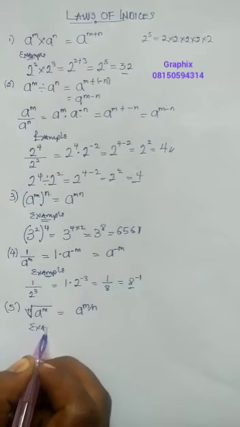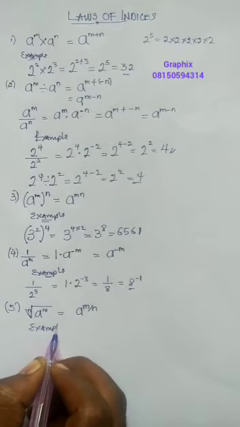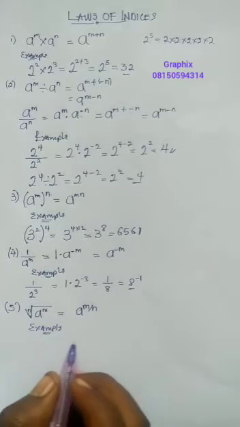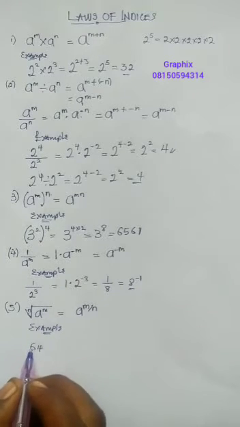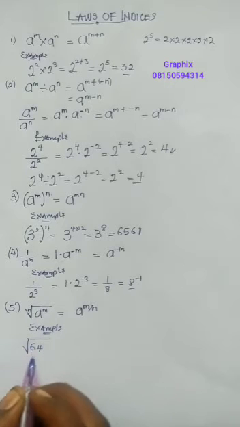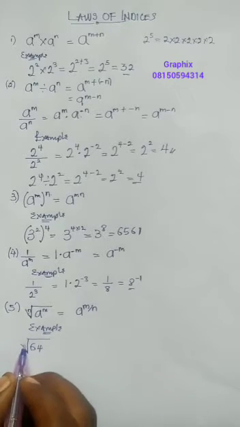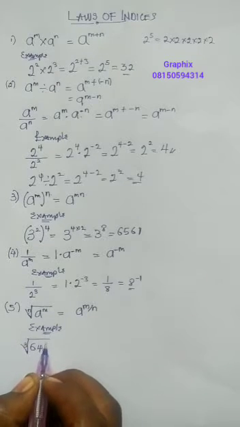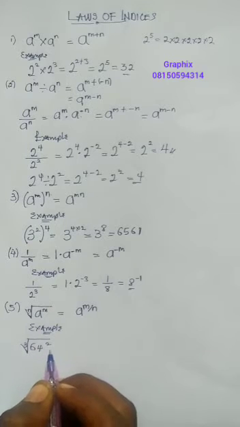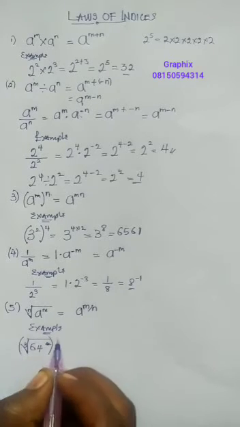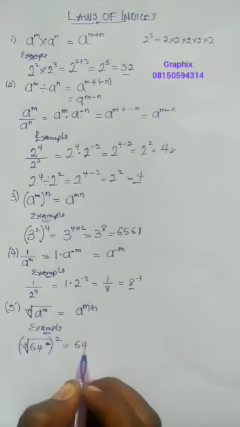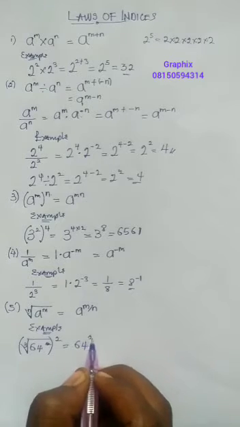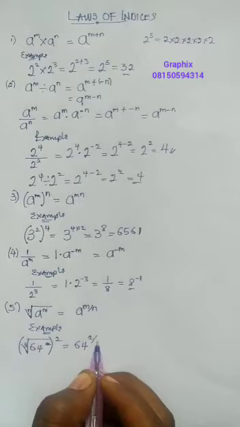Example, if I have 64, and I have 3 here and I have 2, it means that it will be 64 raised to the power of 2, which remains that way, and then whatever is inside here will be here.